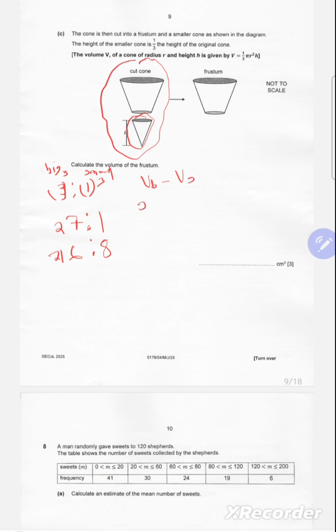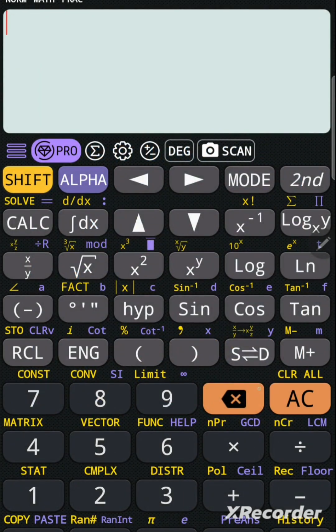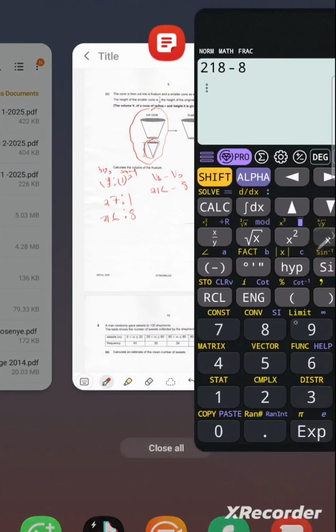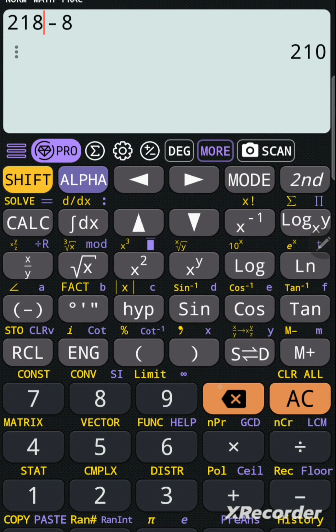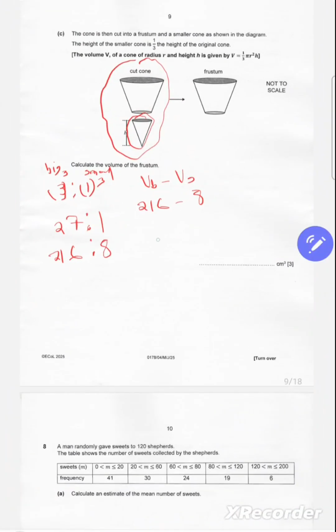This is just 216 minus 8, which gives us 208. So we have 208 as our final answer.